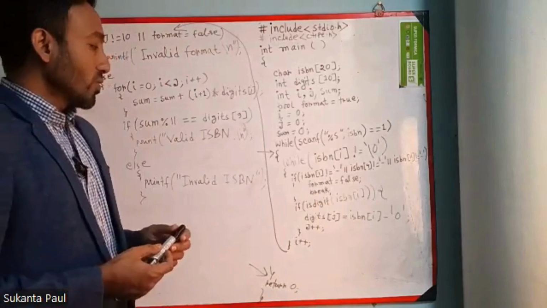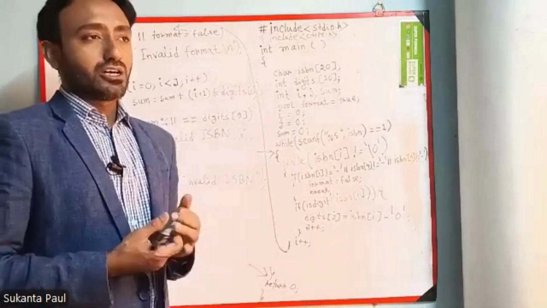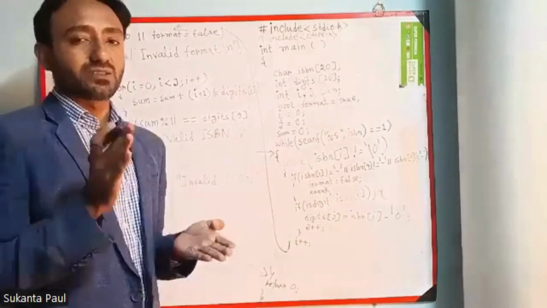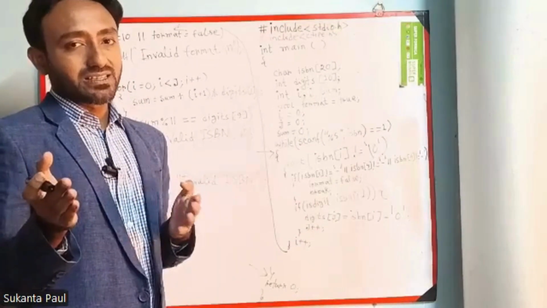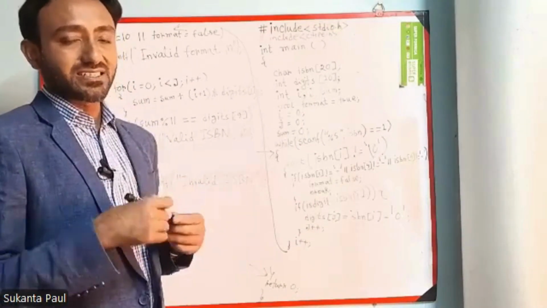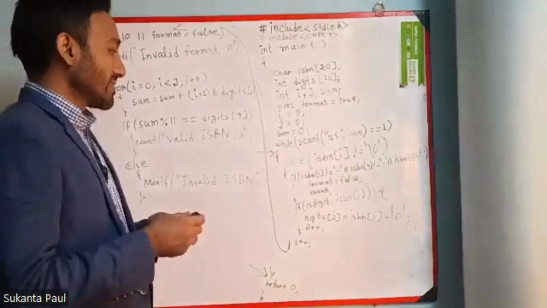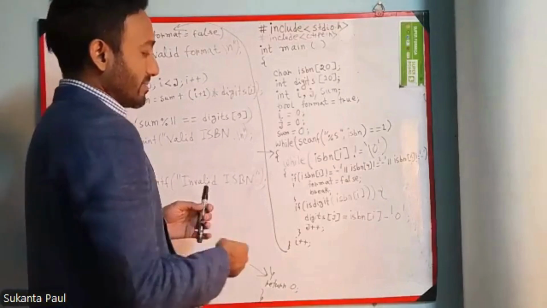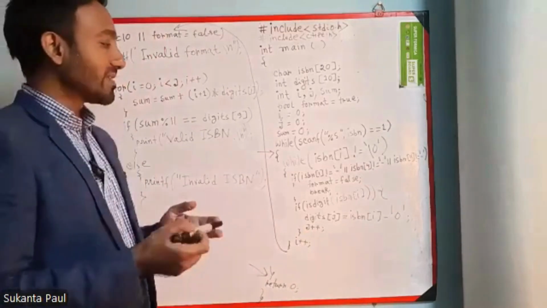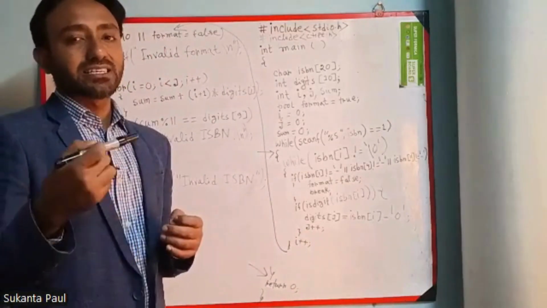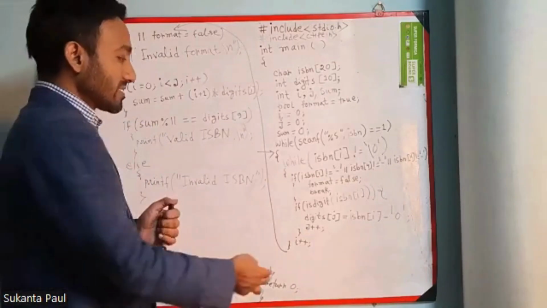After that, we need to move forward. We will store the first digit into the zeroth position of digits, the second value in the first position, the third value in the second position, and so on. So we need to increment the value of j. Initially the value of j is 0, then j is 1, j is 2, and so on.